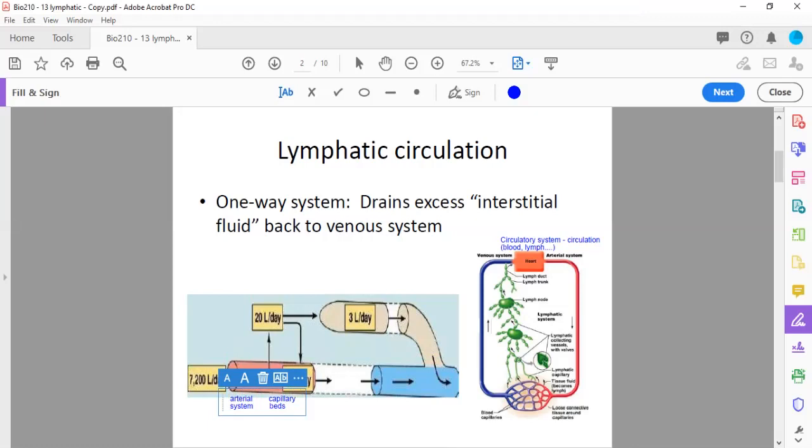Rather, they exist as a collection of capillaries forming the bed. And this would be the veins, the venous system. In this image it shows longer than the other part, just for the sake of the image.